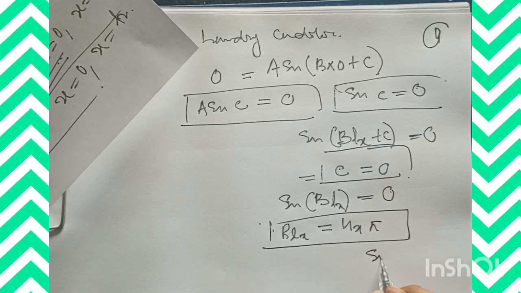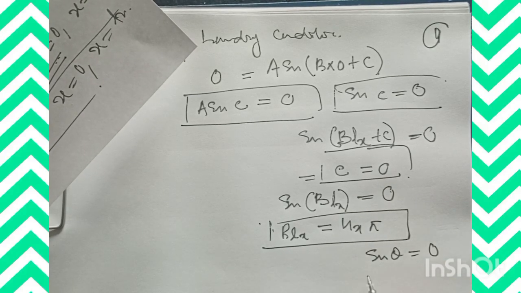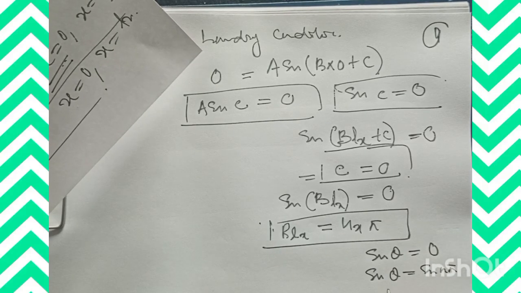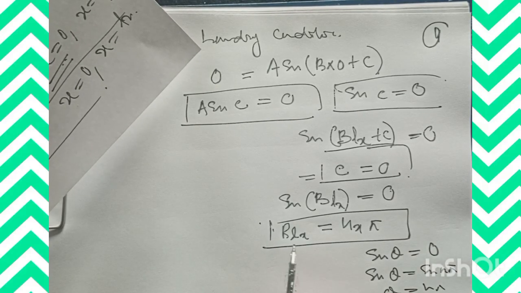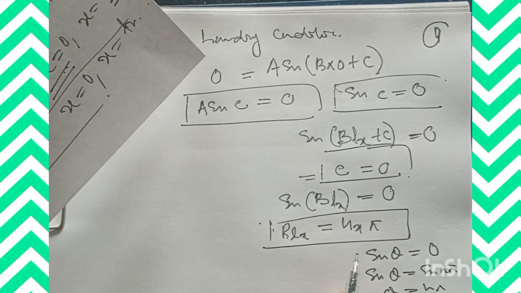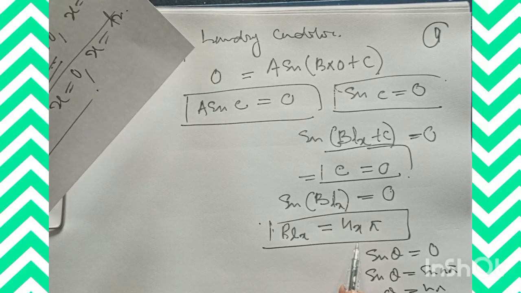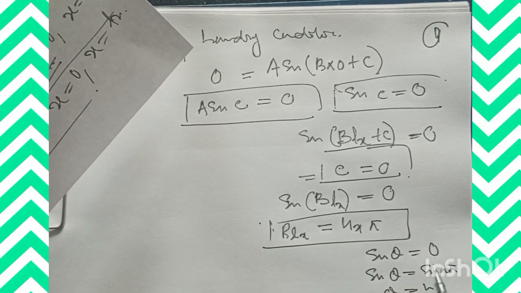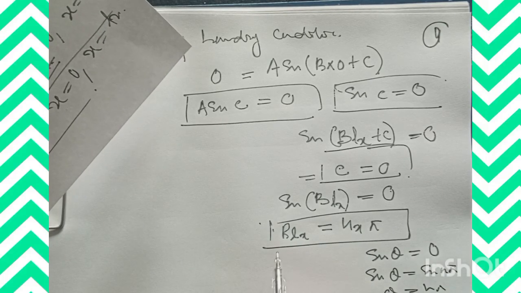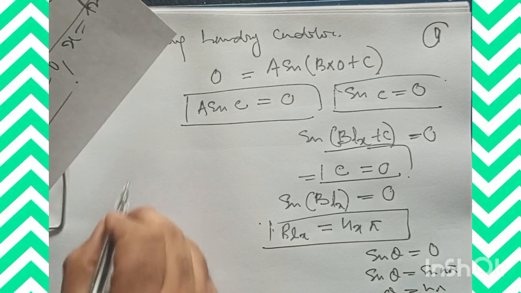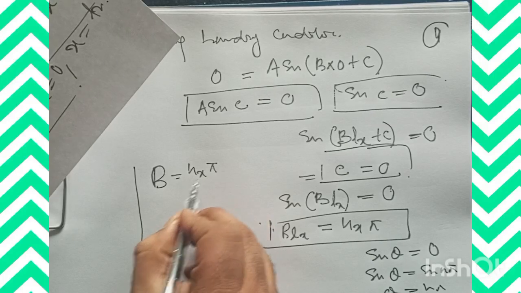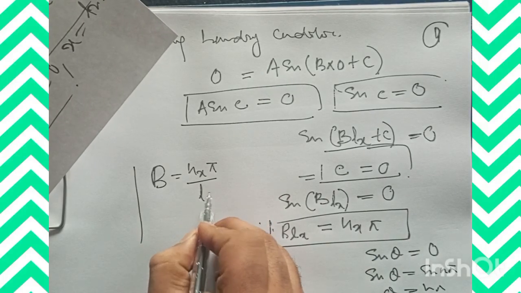Because I have sine of theta equal to 0, that means sine of theta is equal to sine of n pi, so theta is equal to n pi. So this bLx will be nx pi. And what is this n from this equation's point of view? It's an integral number, a positive integer, and this b that I'm looking for will be nx pi by Lx.